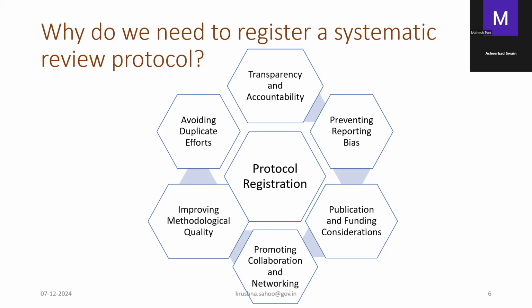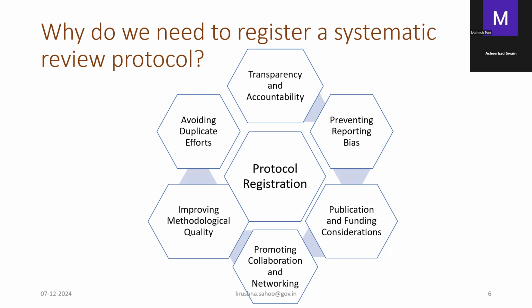Second is preventing reporting bias. Suppose I give you a form to fill. You have to fill all the mandatory criteria, where you have to write something. Some optional boxes are there, which you may or may not fill. Whatever is in the mandatory area, you have to write in the appropriate place.